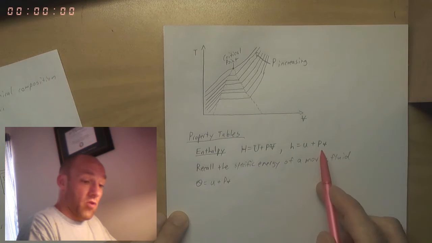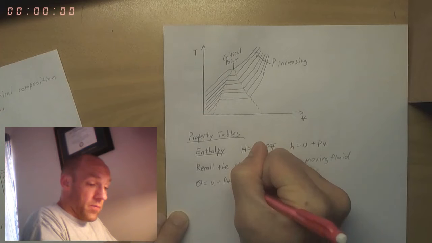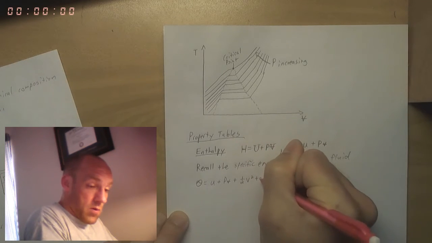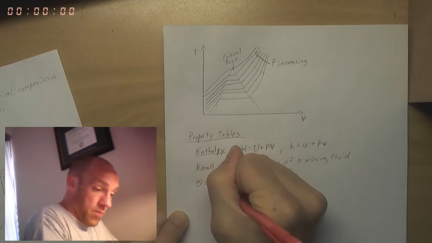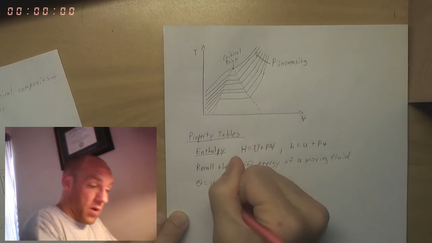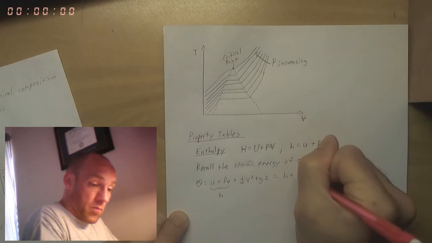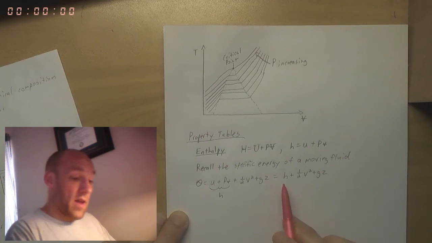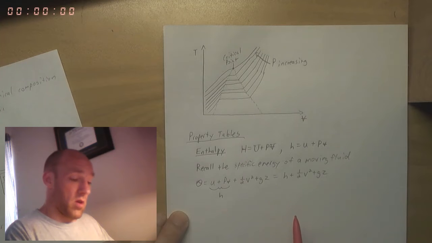If you remember, this was just the flow work, that product there. And you can recognize that as enthalpy. So it's just the enthalpy and then the enthalpy plus the specific kinetic energy plus a specific potential energy.